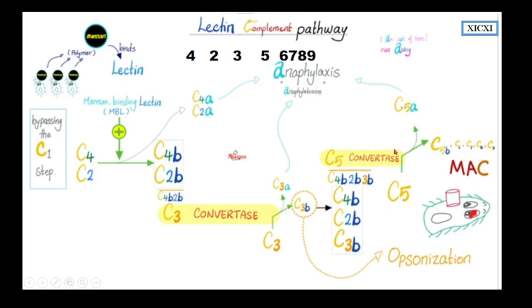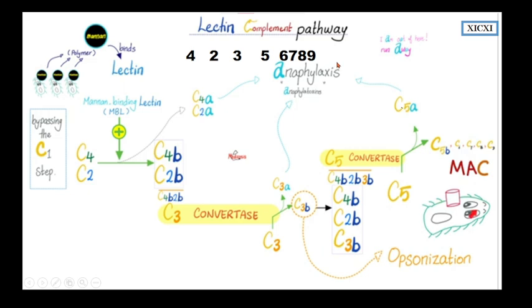This is the enzyme which is going to convert C5 into C5a and C5b. Now this C5b will recruit 6, 7, 8, 9, which will form what you call MAC. This MAC will destroy the pathogen.